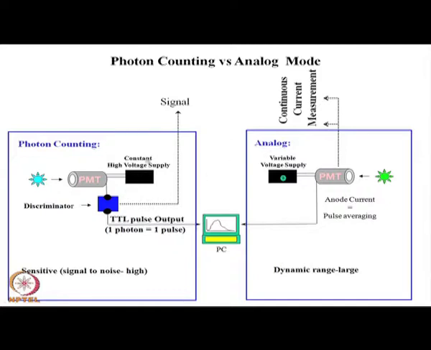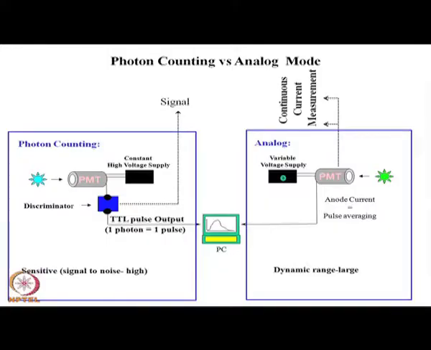In the photon counting mode, it has got a constant high voltage supply. Just recall this basic design of time correlated single photon counting. I will come to that in a little detail, but before that let me tell you what is happening. It is a constant high voltage supply, maybe minus 1000 to minus 2000 volts, somewhere in between, and you have to keep the voltage fixed. You have got the PMT, and single photons are entering the PMT, and the PMT gives out the signal.